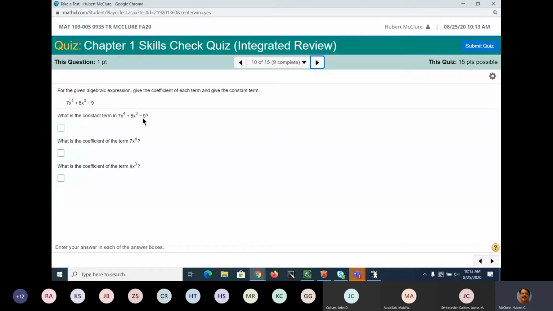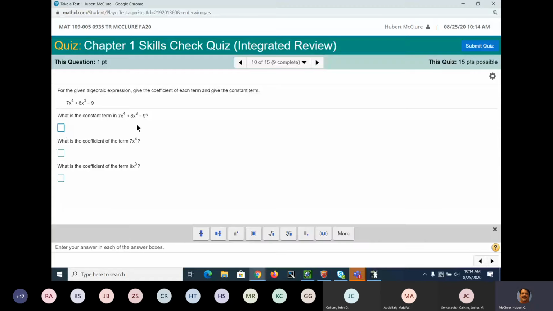Oh Lord, might as well give up on this one. For the given, give the coefficient. The coefficient is the number in front of the term. So what is the constant term? Constant's -9. Okay, because it doesn't have a variable with it.